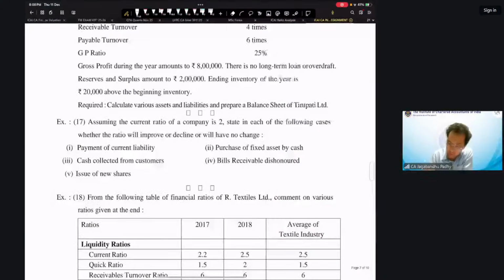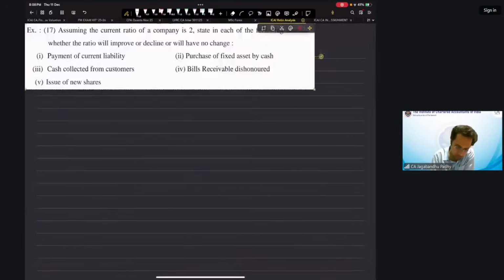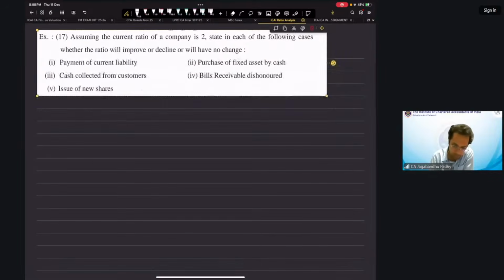Suppose you take an assumption that the current ratio is 2. There are 5 transactions given to you. Just think and tell me whether the current ratio will increase or decrease because of these transactions.